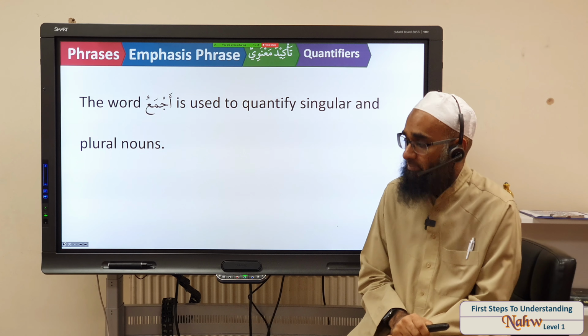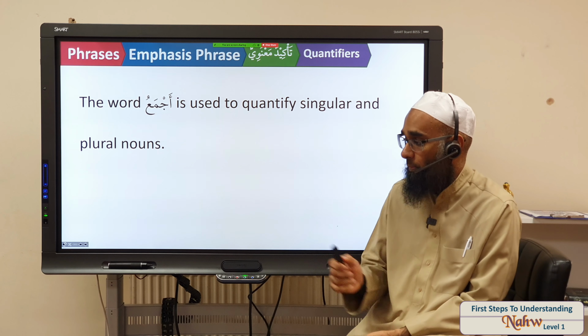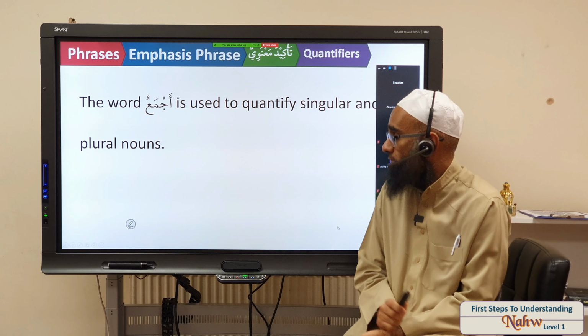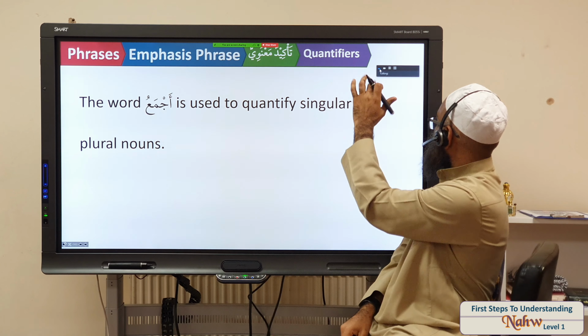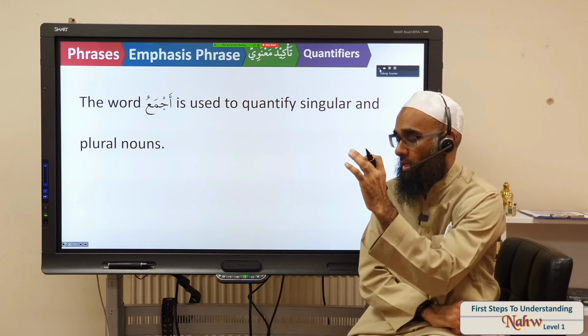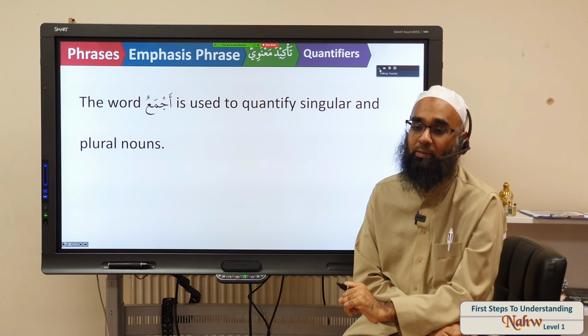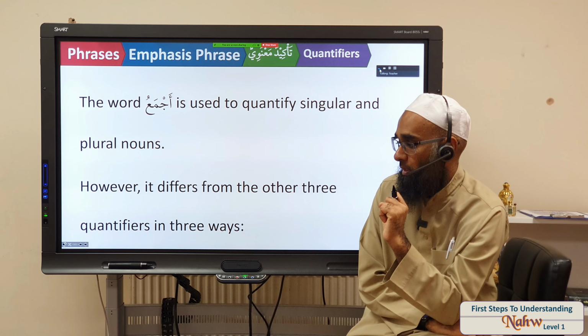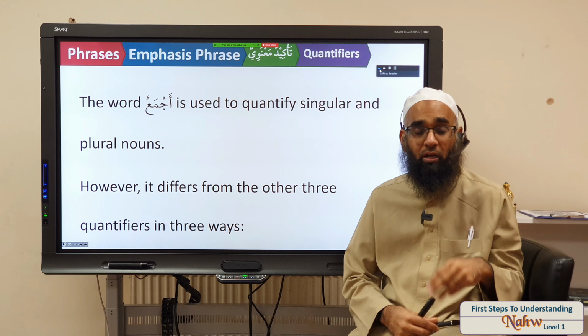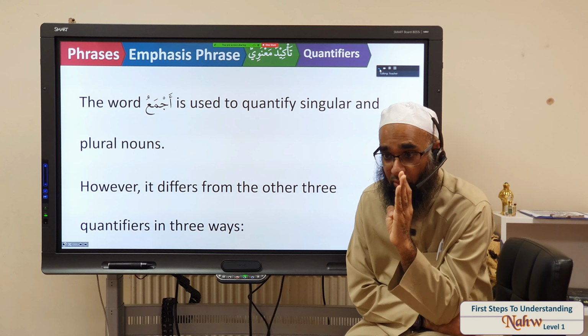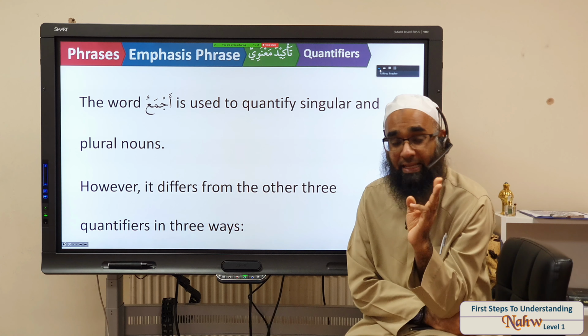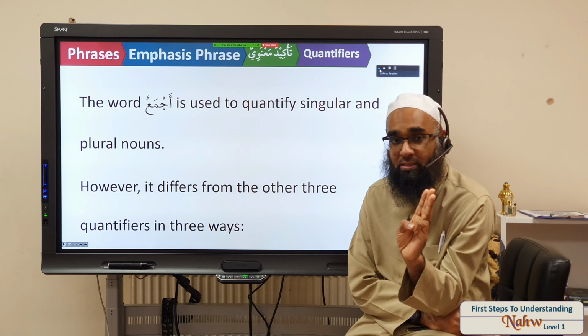But this ta'keed ma'nawi is for what? Singular and plural nouns, but it's slightly different. Ajma. This we have to pay a bit of attention. It differs. Remember, this is the fourth quantifier. It differs from the other three in how many ways? 3 ways.